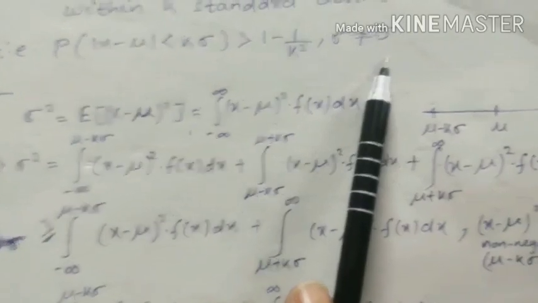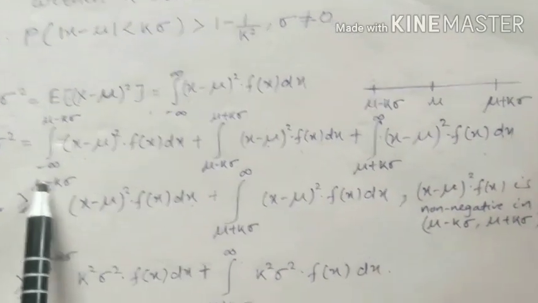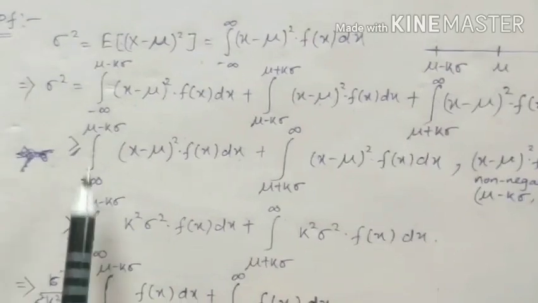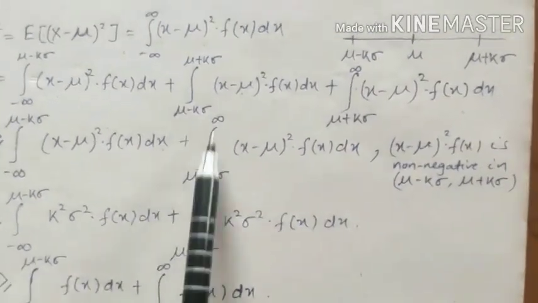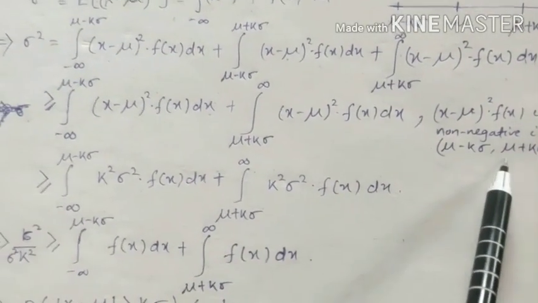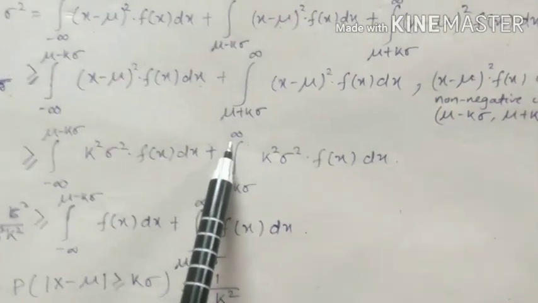This is the Chebyshev theorem. Sigma square is the expectation of X minus mu square, and because it is a continuous random variable we have to take it as an integration, from minus infinity to mu minus k sigma, mu minus k sigma to mu plus k sigma, and mu plus k sigma to infinity. That is greater than or equal to the integral from minus infinity to mu minus k sigma plus mu plus k sigma to infinity; the middle part we can omit because it is non-negative.